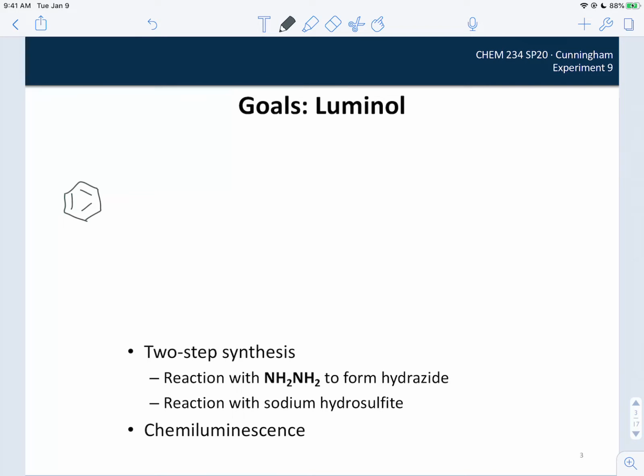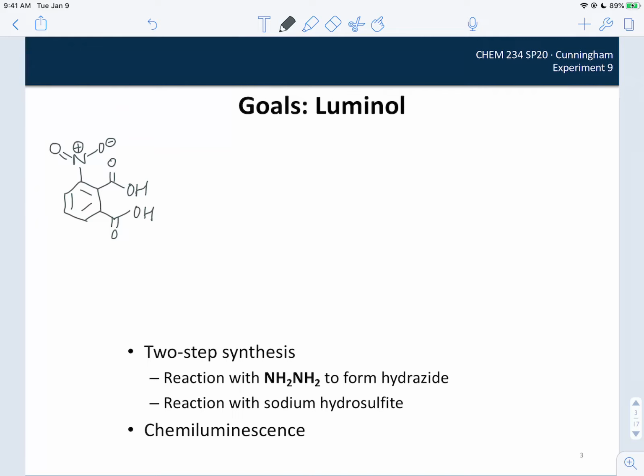So we'll start out by drawing our first starting material, which is 3-nitrophthalic acid. So here's the structure for 3-nitrophthalic acid.